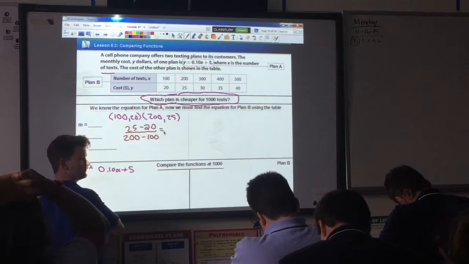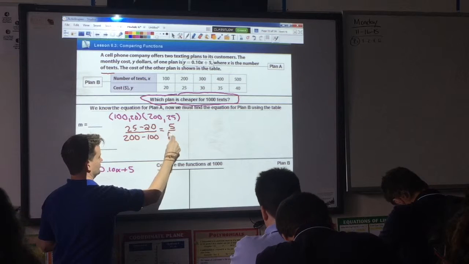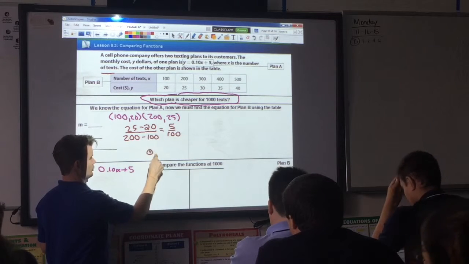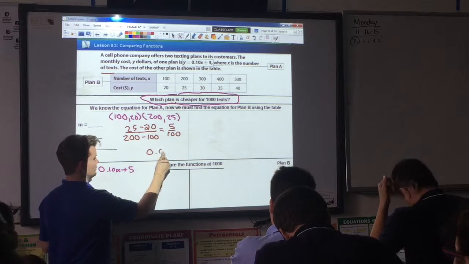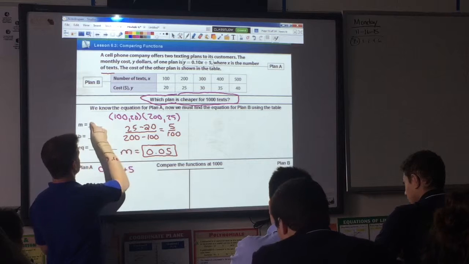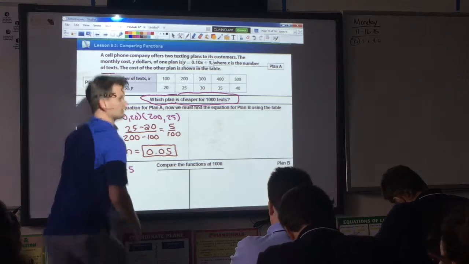And what's that going to give me? 5 over 100, which when we divide this is going to become 0.05. So we found my m. It's 0.05. Now I need to go in and find the b.